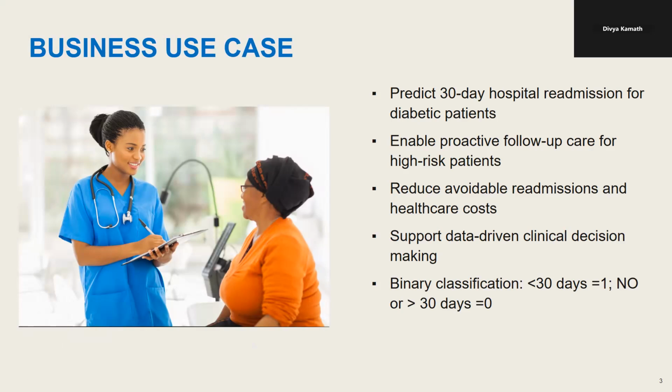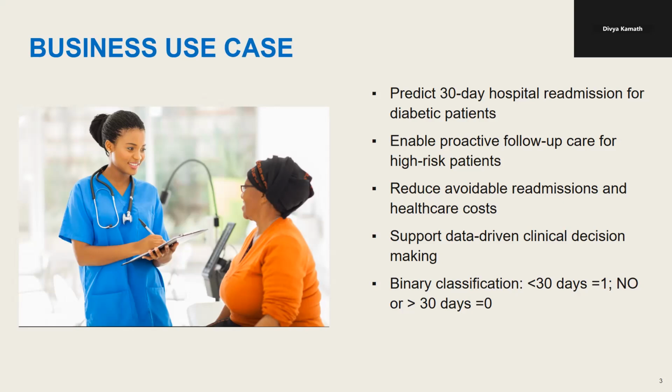Readmissions are costly and often indicate that patients need additional follow-up care after discharge. By identifying high-risk patients early, healthcare providers can take preventative actions such as scheduling follow-up visits or adjusting treatment plans, ultimately improving patient outcomes and reducing avoidable healthcare costs.